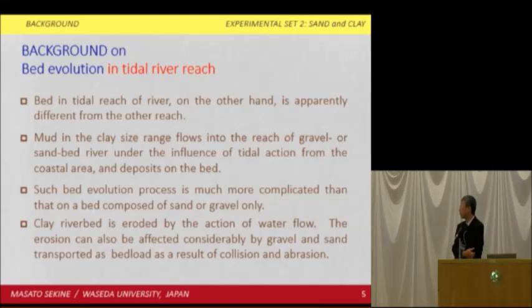Such a bed evolution process is much more complicated than that on a bed composed of sand and gravel only. A clay riverbed is eroded by the action of water flow, and the erosion can also be affected considerably by gravel or sand transported as bed load, maybe as a result of collision or abrasion.